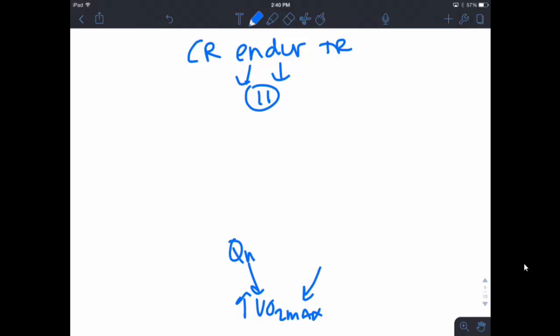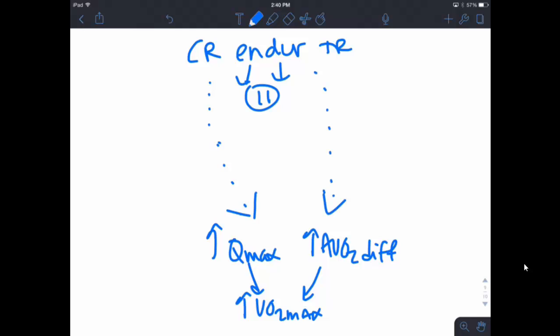VO2max is due to cardiac output and AVO2 difference. Okay, so everything coming off the top is going to connect either to this one, and in some cases both.